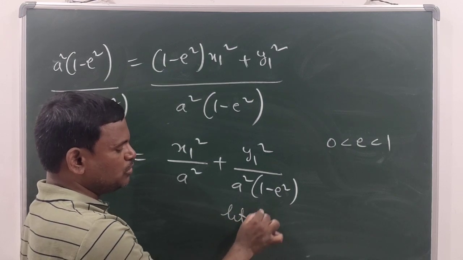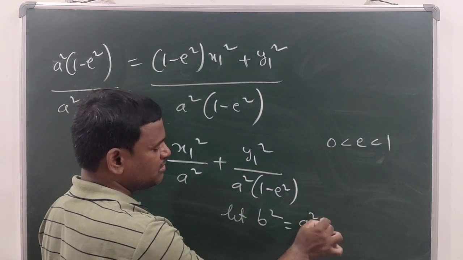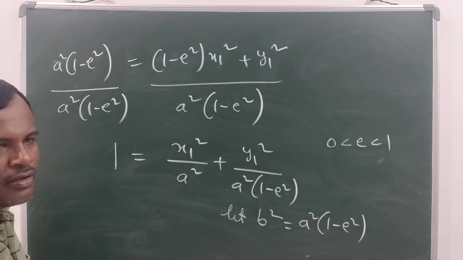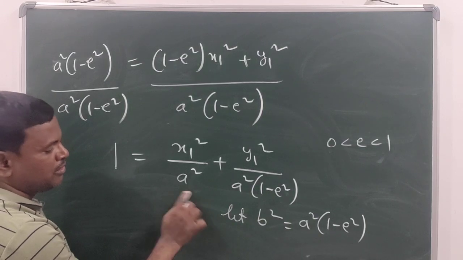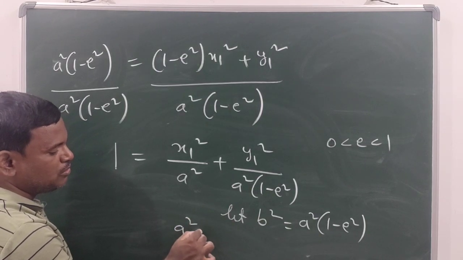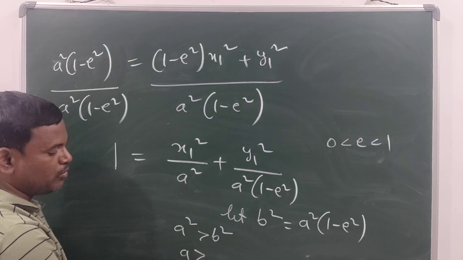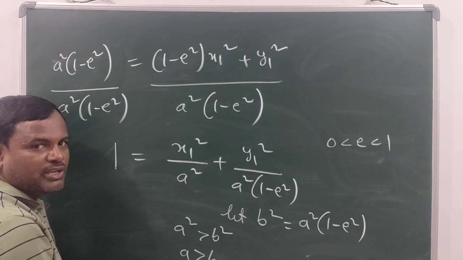So let us take that positive quantity as b square. Now b square is equal to a square of 1 minus e square. Observe that a square is more than b square. When you take the square root on both sides, you will get a is more than b.